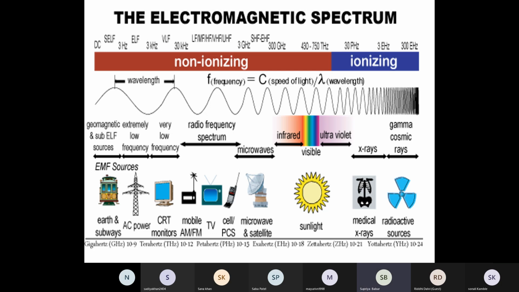The electromagnetic spectrum consists of different spectral regions depending on the energy and wavelength. Every part is of different energy. Basically the visible region comes between 400 to 800 nanometers. We can see things, objects, in that range.